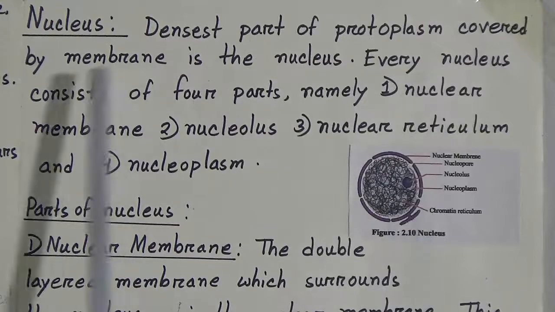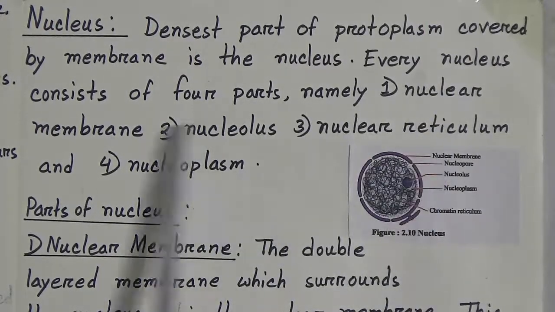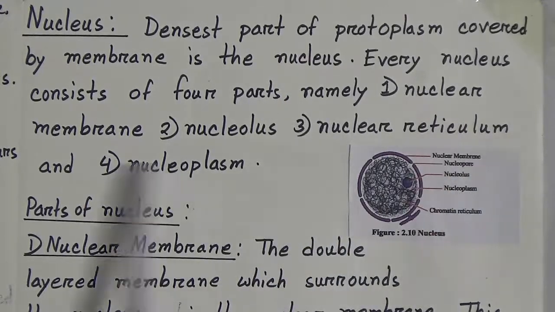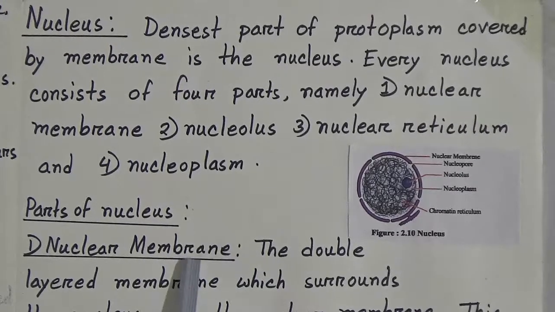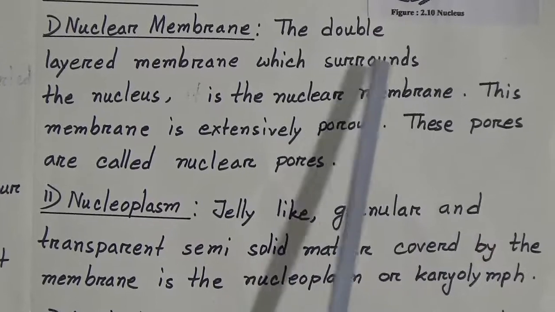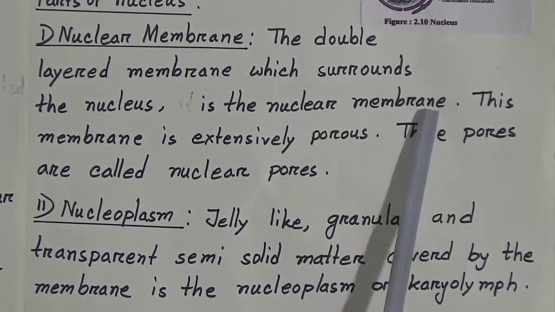Every nucleus consists of 4 parts, namely nuclear membrane, nucleolus, nuclear reticulum and nucleoplasm. Parts of nucleus: nuclear membrane, the double layered membrane which surrounds the nucleus is the nuclear membrane.